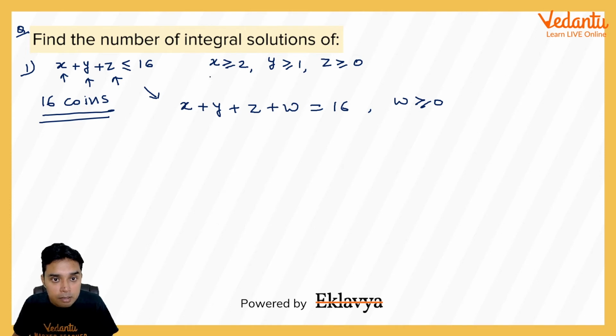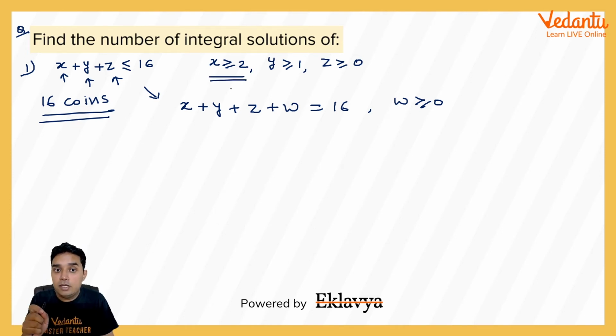But one more thing, please understand. We are given the instruction that x should be greater than or equal to 2, meaning our first beggar should be given at least 2 coins. Similarly, the second beggar should be given at least 1 coin.